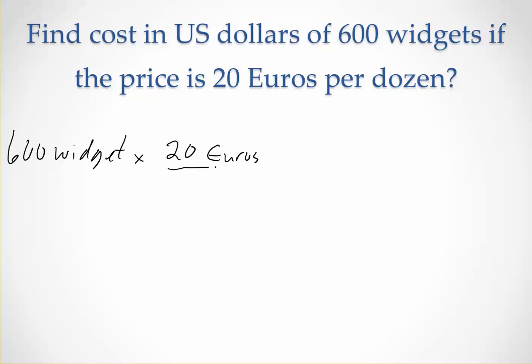Now they're buying it per dozen. So per dozen. If it was just 20 euros, then we wouldn't have to worry about putting the per dozen. But this per is very important. At this point, we haven't canceled anything yet, and that's okay.